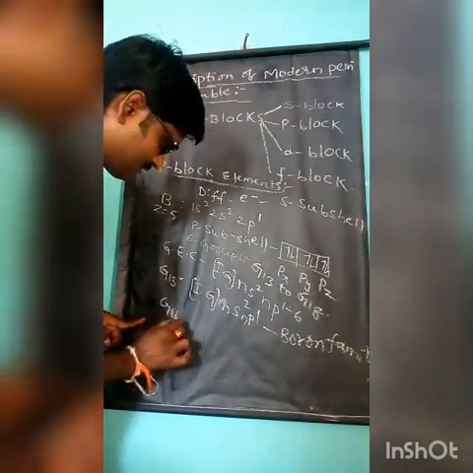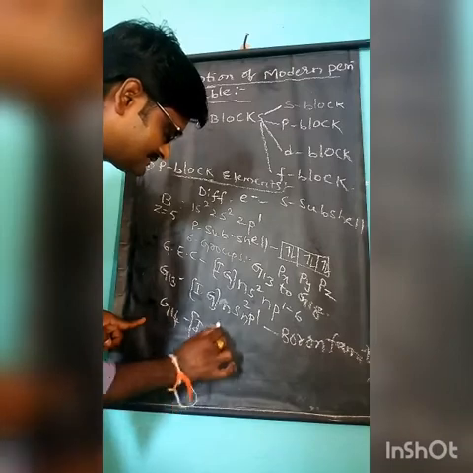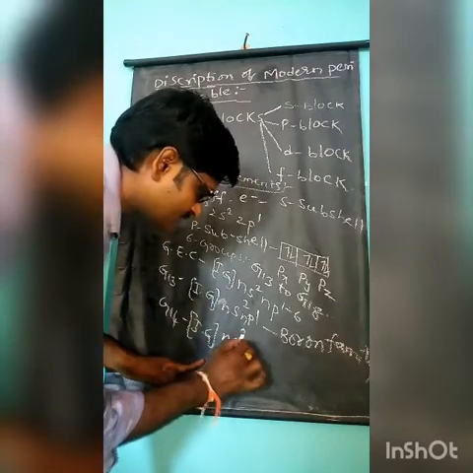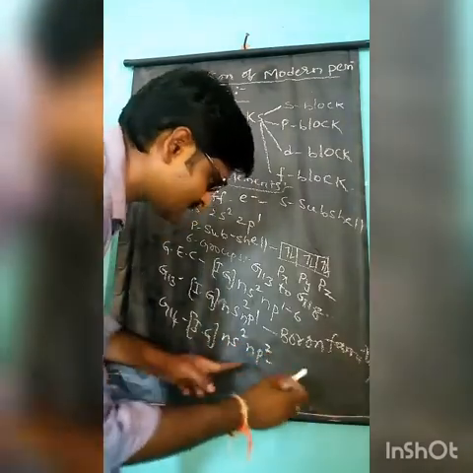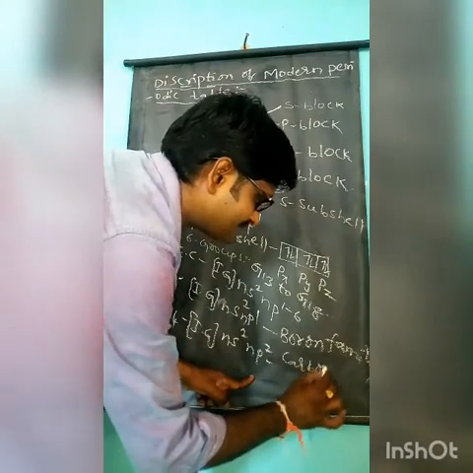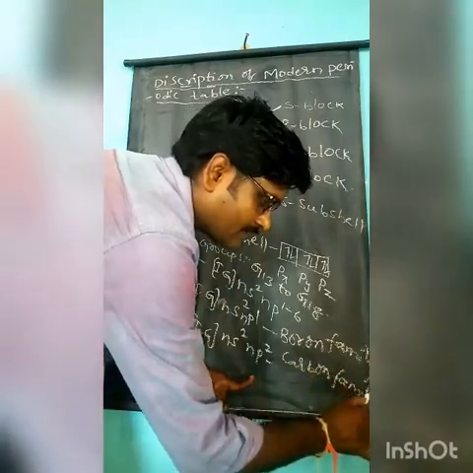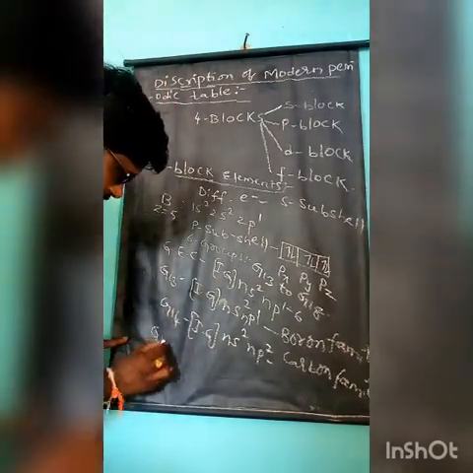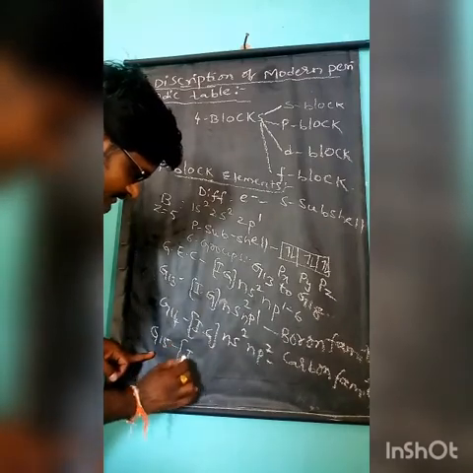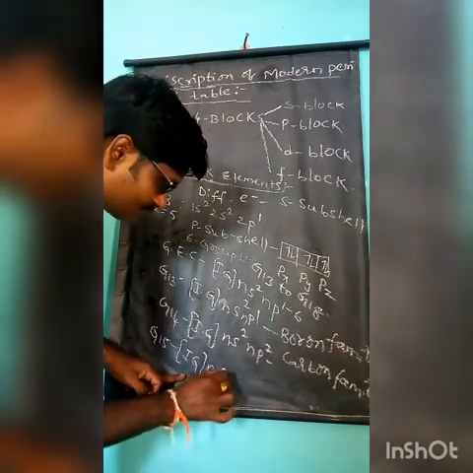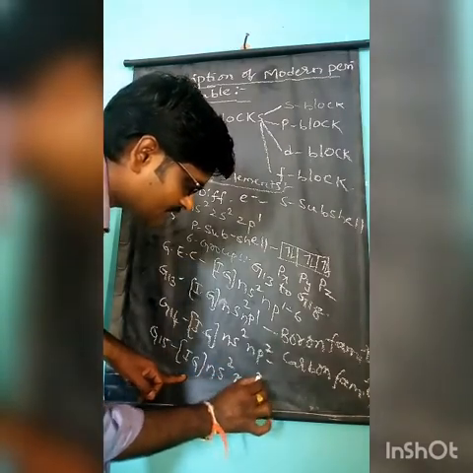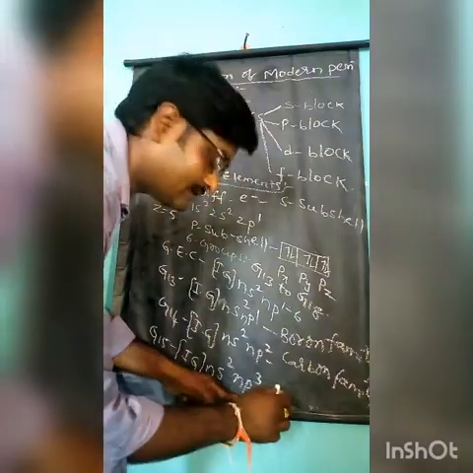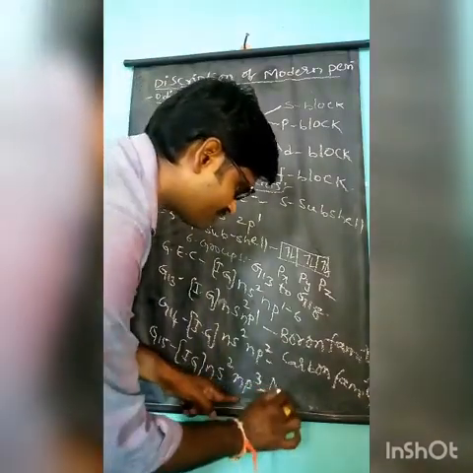And G14: the general electronic configuration is ns2 np2, that is the carbon family. Next G15: noble gas ns2 np3. This is known as the nitrogen family.